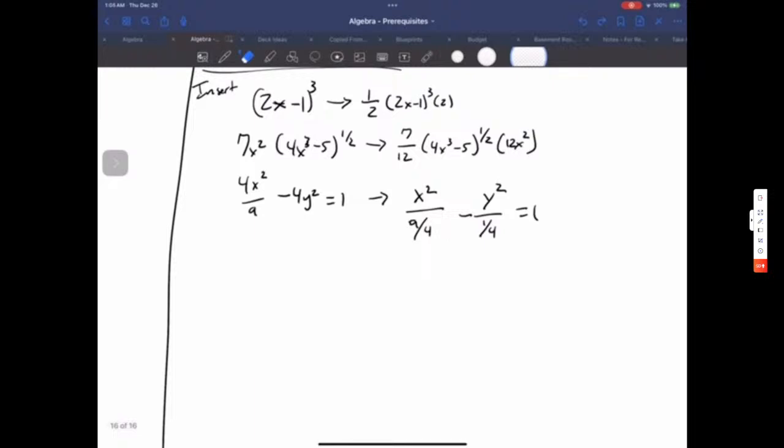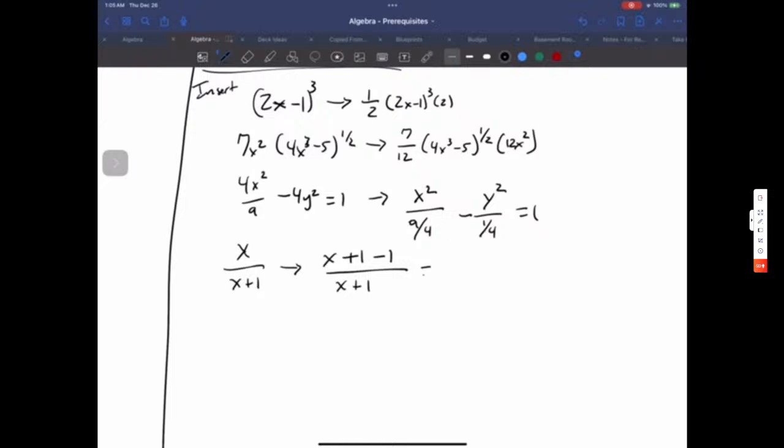So here you have x over x plus 1. Then you're going to take a 1 and add and subtract on the top a 1. So you have x plus 1 minus 1 over x plus 1.